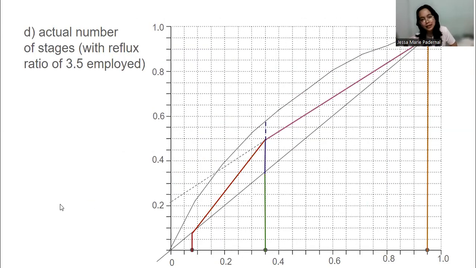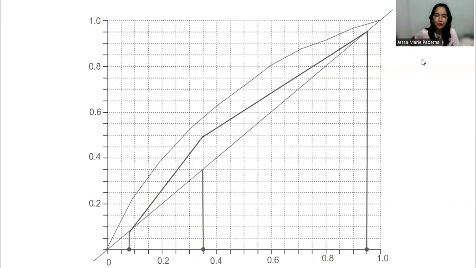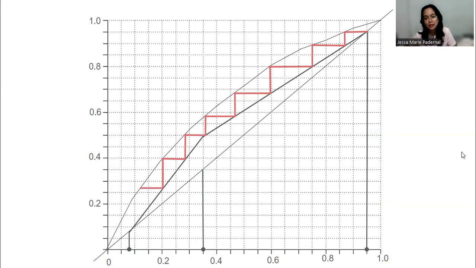Now for the actual number of stages with a reflux ratio of 3.5 employed, we start at point xd on the rectifying line, draw a horizontal line to the equilibrium curve, and then a vertical line to the rectifying line. We repeat this process to form a staircase until we reach or pass the point xw.